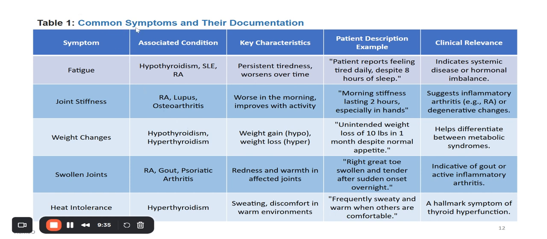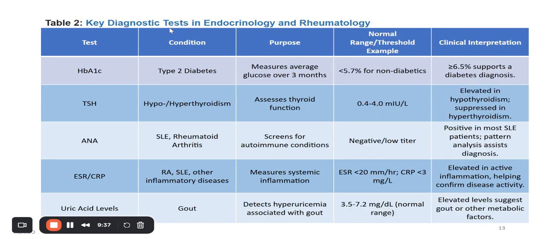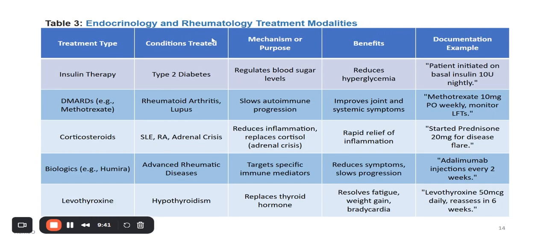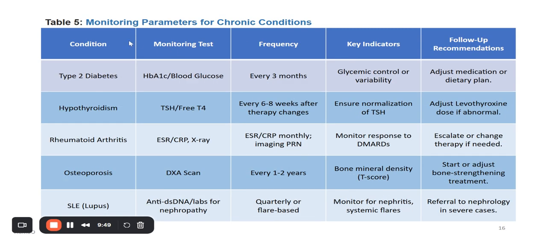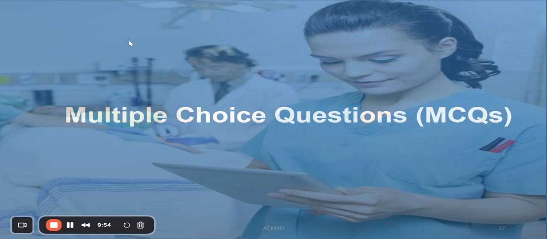Here we have a table on common symptoms and their documentation, a table on key diagnostic tests in endocrinology and rheumatology, a table on endocrinology and rheumatology treatment modalities, a table on red flags and critical symptoms and documentation, and a table on monitoring parameters for chronic conditions. Next, we will revise what we have covered in this lecture through some MCQs, or multiple choice questions.